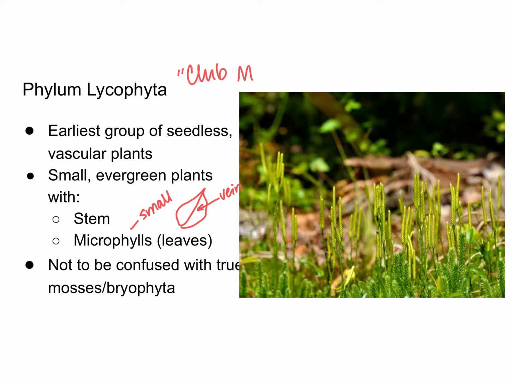Sorry, I forgot to put that up here. And it's not to be confused with the true mosses, and I apologize that this picture is overlapping the wording. But the true mosses are the bryophytes that we talked about in the non-vascular seedless plants.